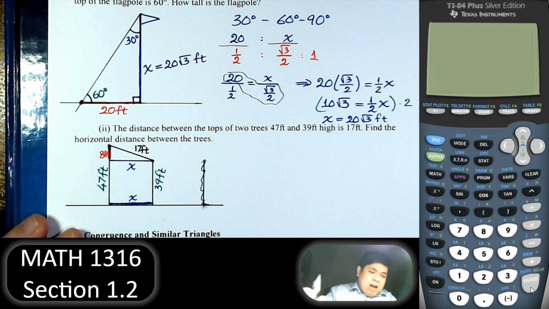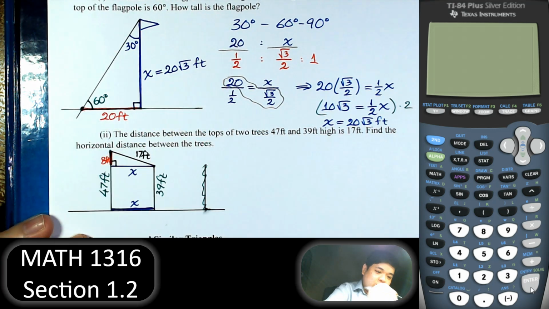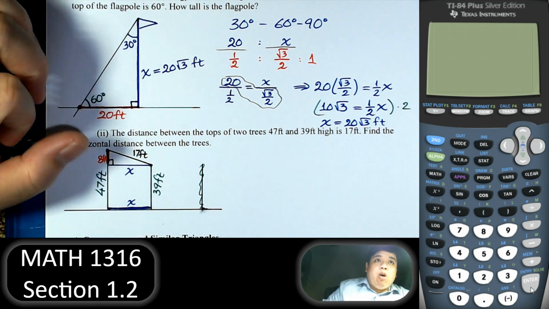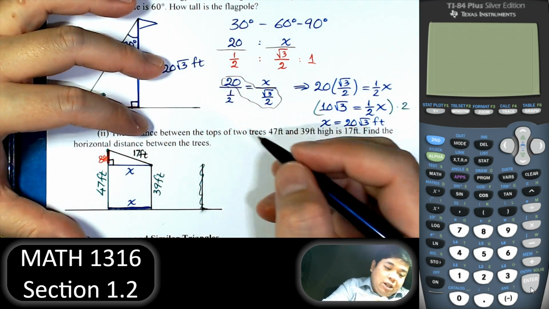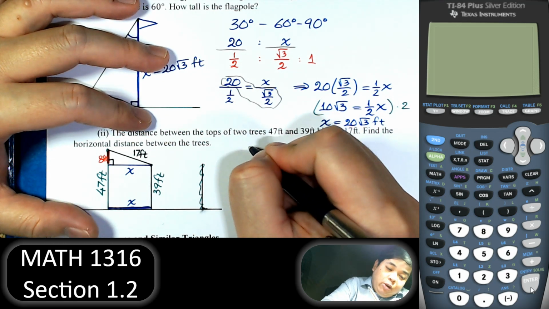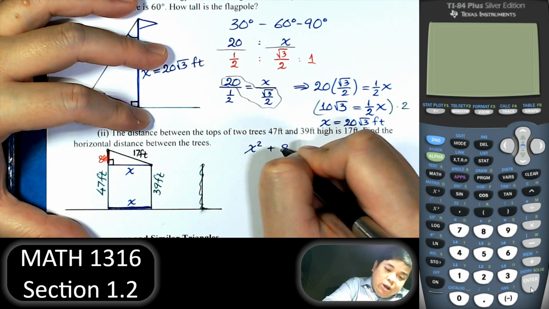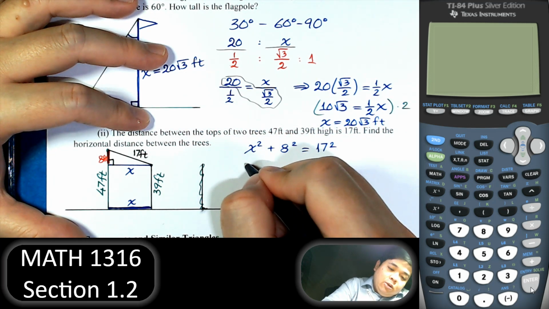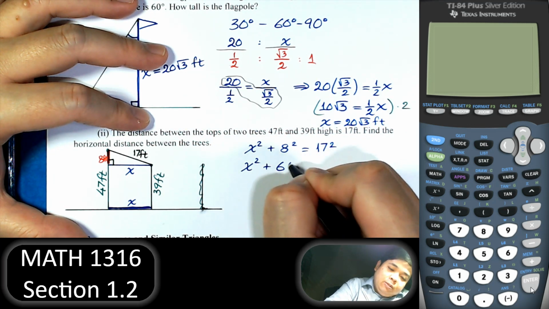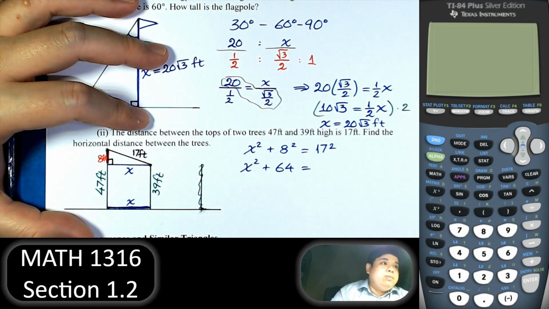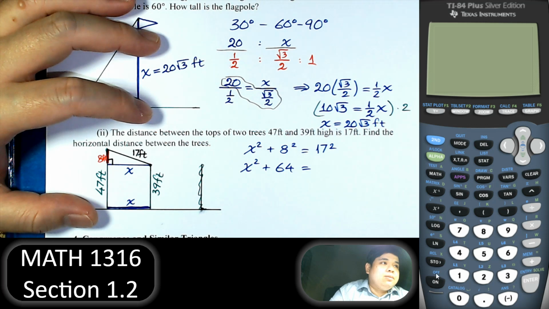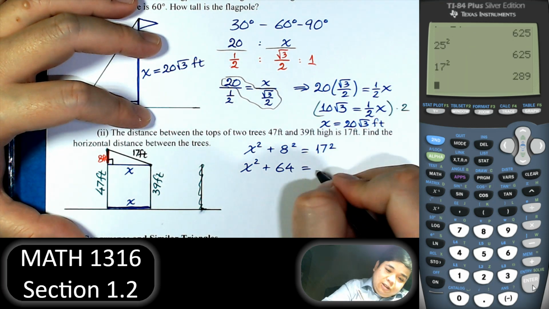So out of that, we have a right triangle. And because it is a right triangle with the sides, that's going to be the Pythagorean theorem. So we have x squared plus 8 squared equal to 17 squared. So x squared plus 64 equals 289.